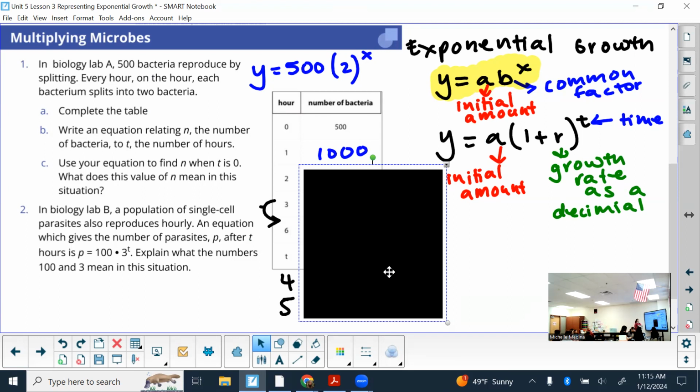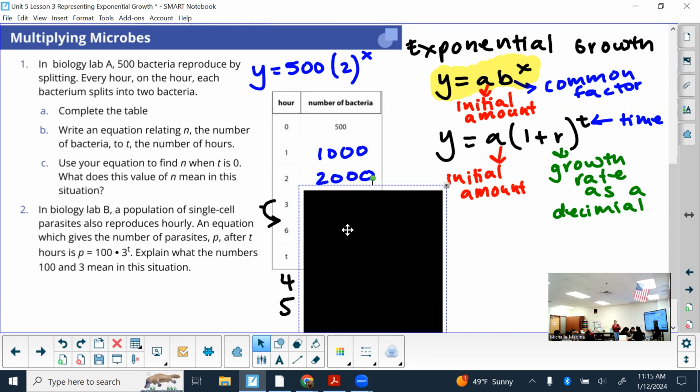If we started with 500, how much should I have after 1 hour? 1,000. And if they all split again, how much should I have after 2 hours? 2,000. They're all going to split into 2 after an hour. And then after another hour, how many will there be?